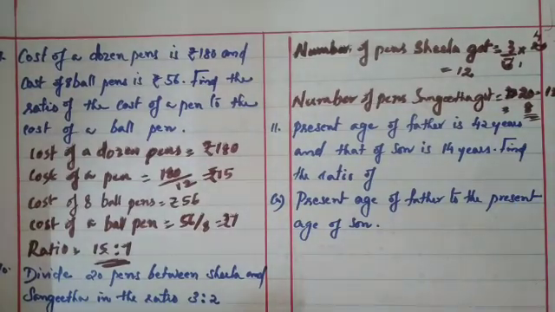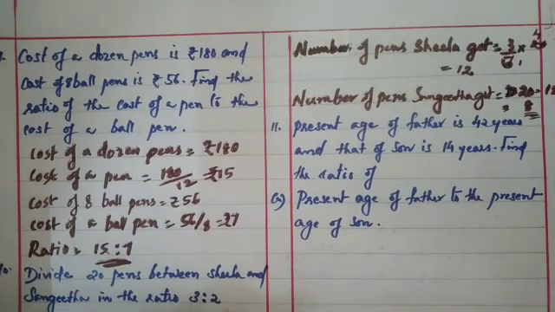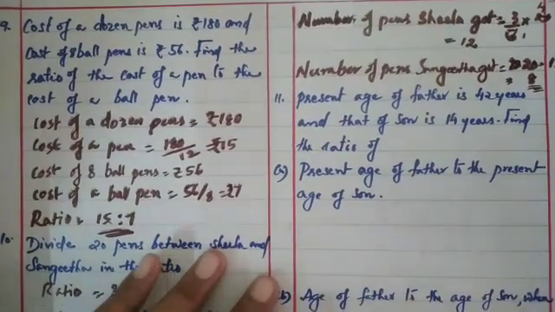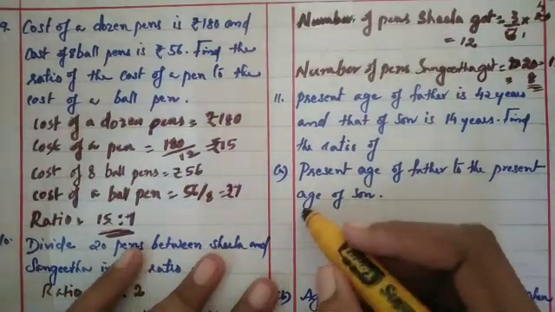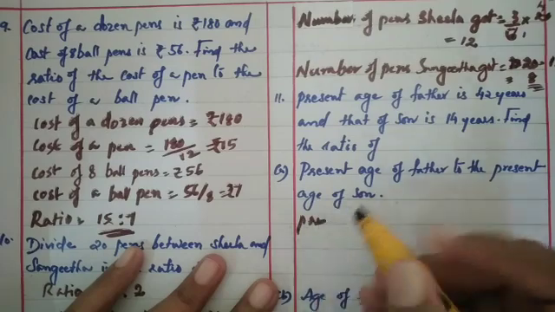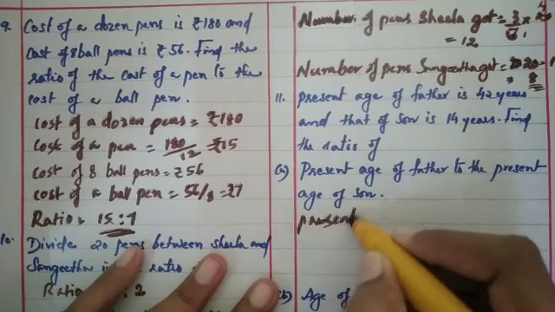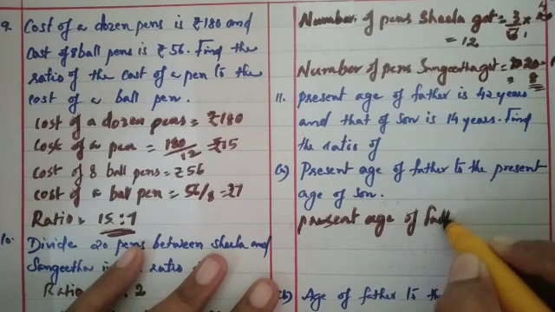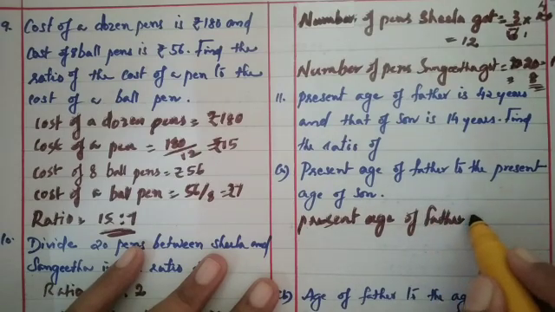The next question: the present age of father is 42 years and that of son is 14 years. Find the ratio of the present age of father to the present age of son. First you have to write present age of father equals 42 years.